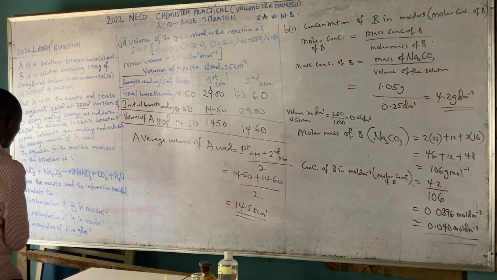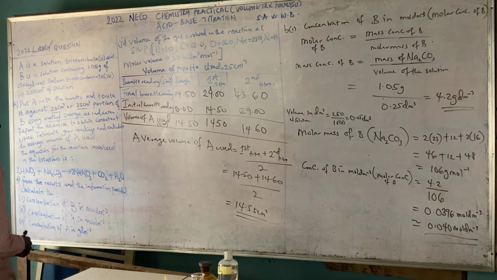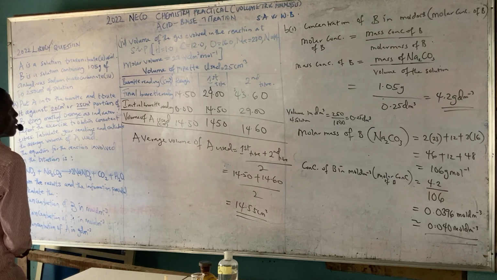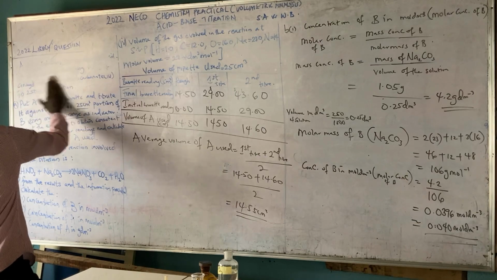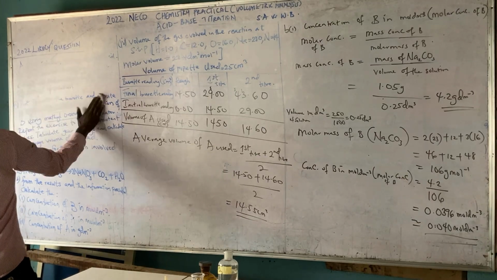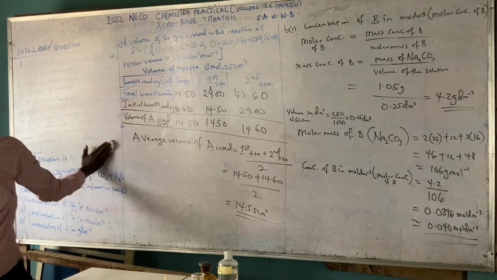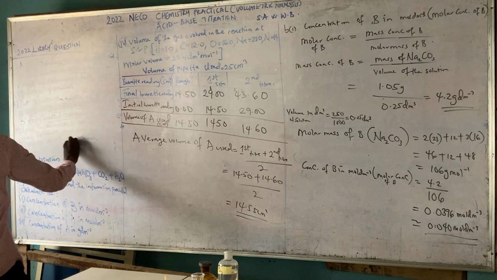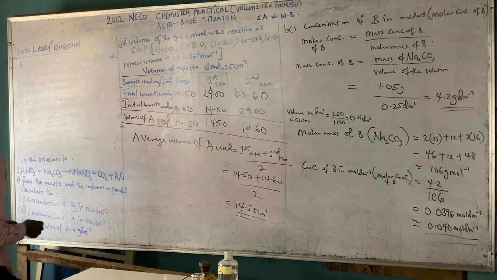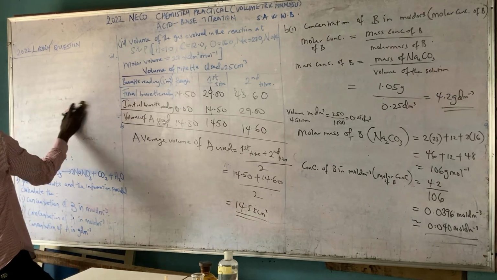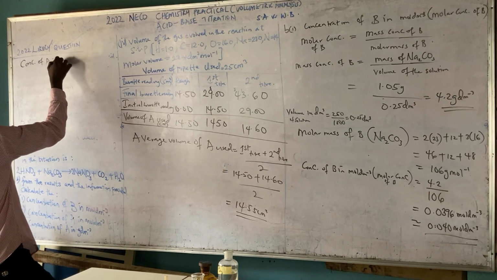Now the second question says the concentration of A in mole per dm cube.